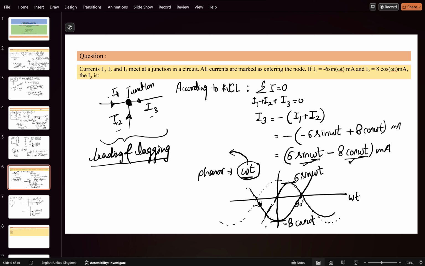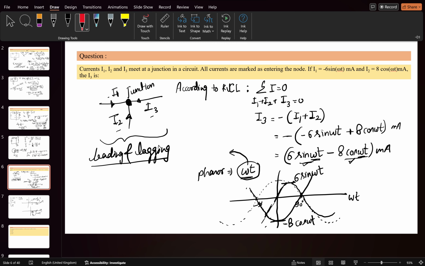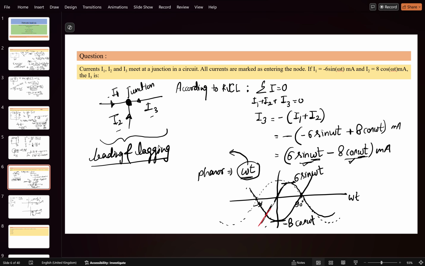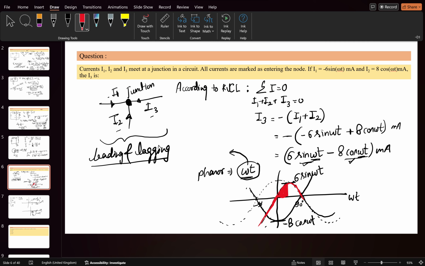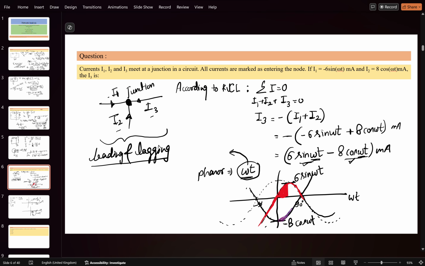Suppose this is the curve of the sine, let me take another color here. If you see from here, the sine values are actually increasing and then decreasing here. So in this region, it is actually increasing. And in terms of cos also, this is increasing. Here, if you see, this is actually increasing cos.